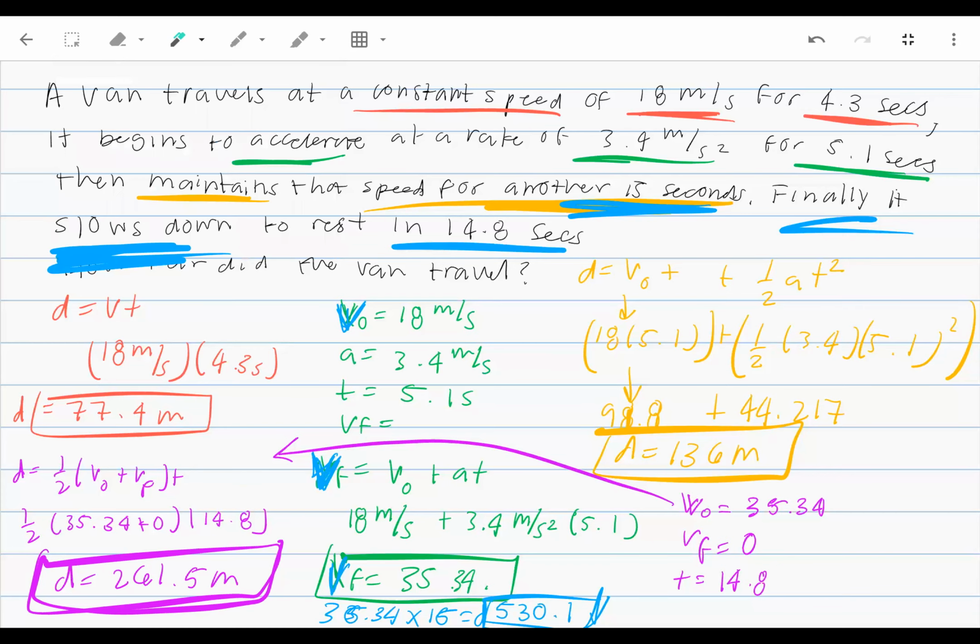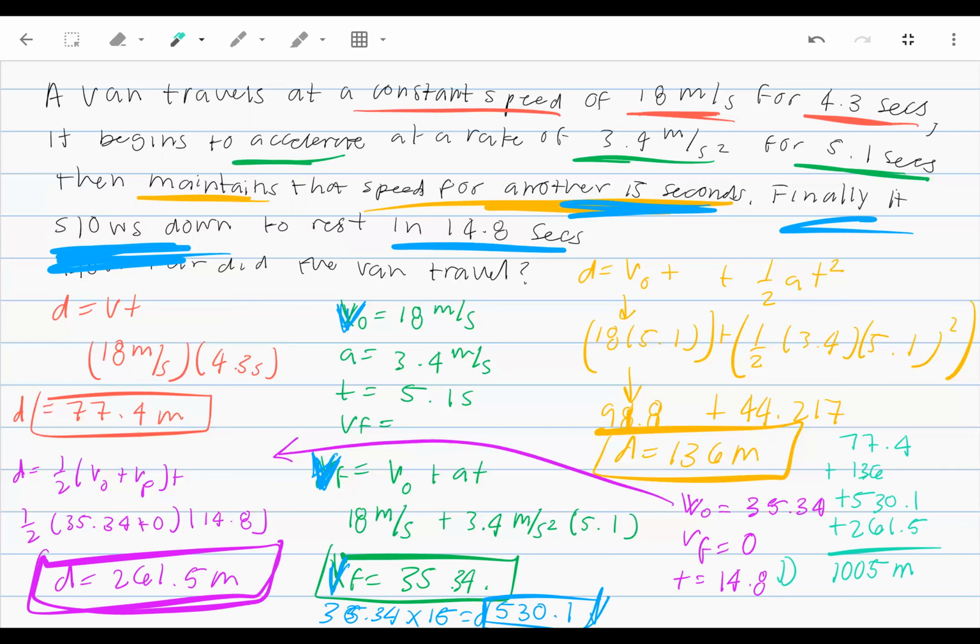Should be 77.4 plus, what's the second one we found? 136 plus 530.1 plus 261.5, and then you get the total of, let's see, 1005 meters.